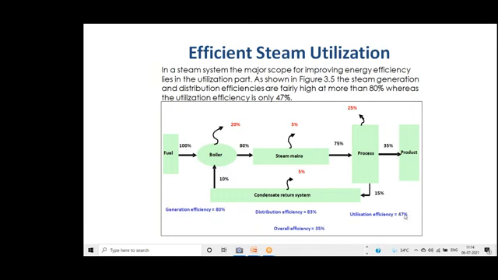This 47% is because of the various losses that take place in the process equipment. As we have seen in that simple case of boiling water in a kitchen, how many losses are there? Similarly, in process equipment also, there will be many losses. So 47% means only about 53% is the efficiency of the process equipment. There is a lot of scope for improving this efficiency at the user end.